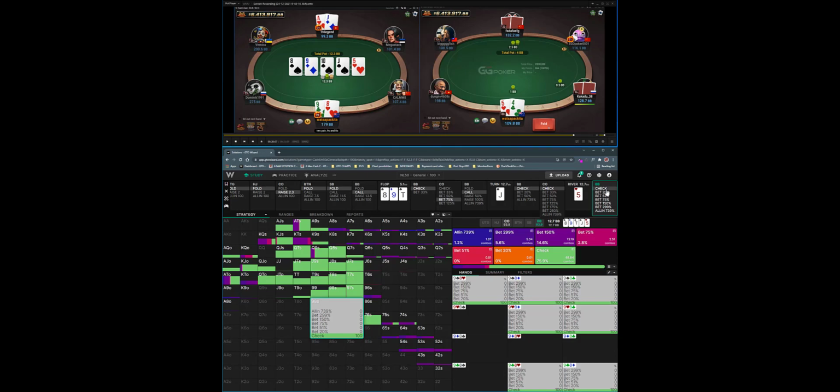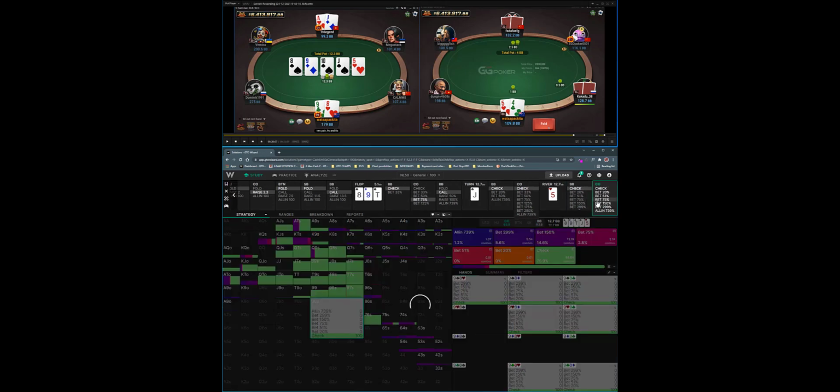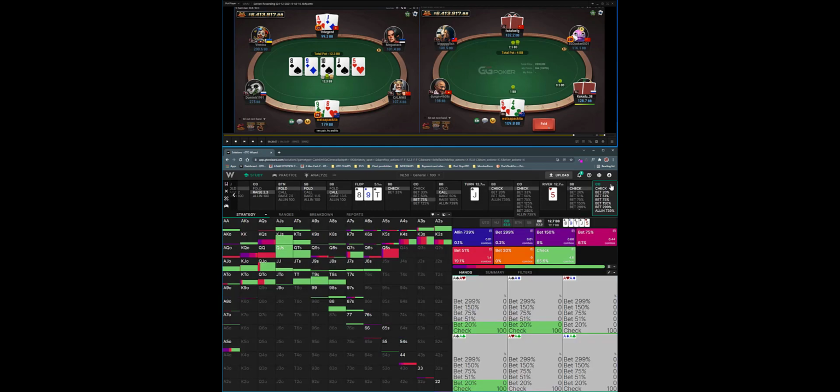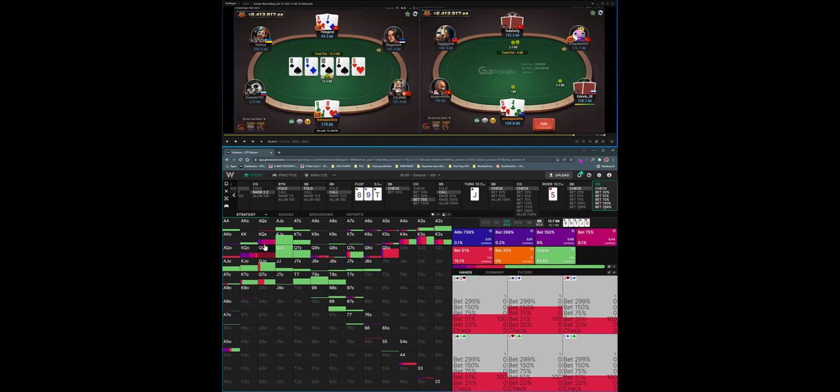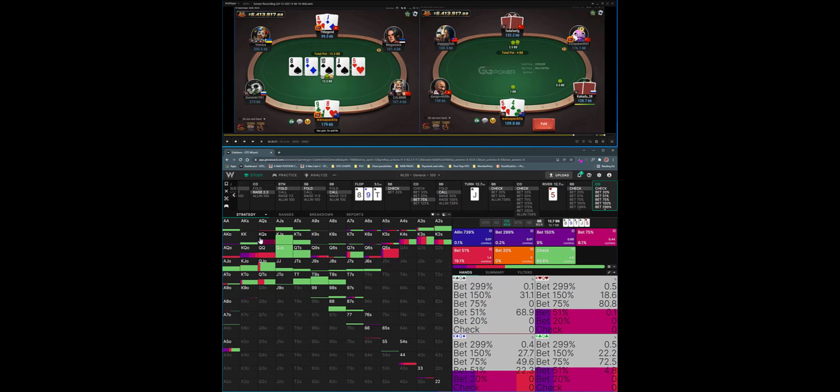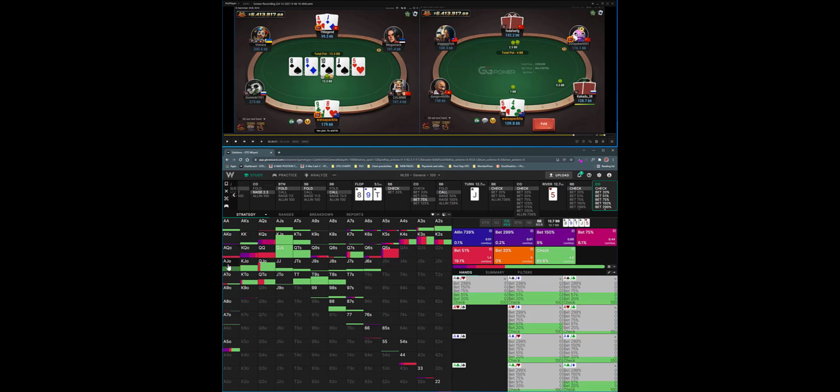So big blind checks, and the cutoff should check 65% with his range, but we know what he had. He had ace jack off, which is here.